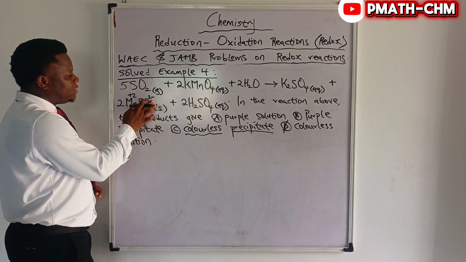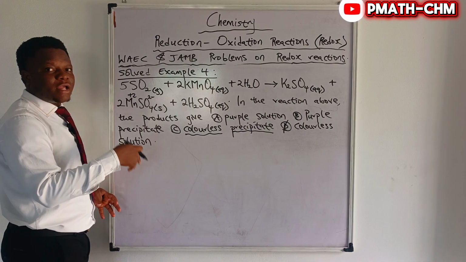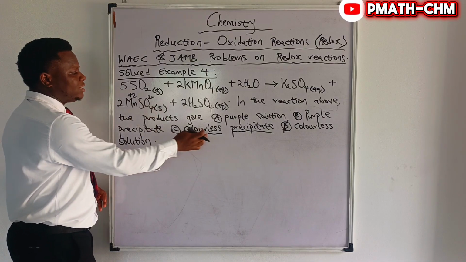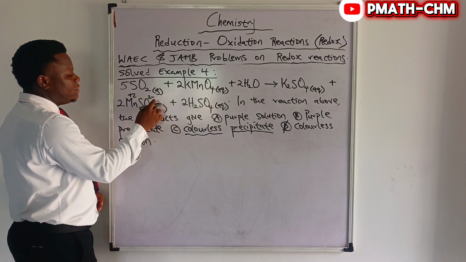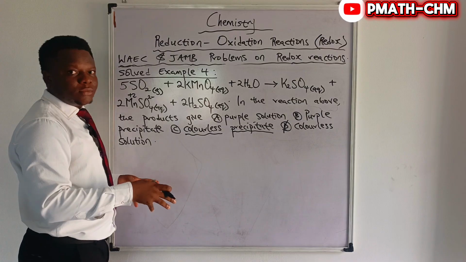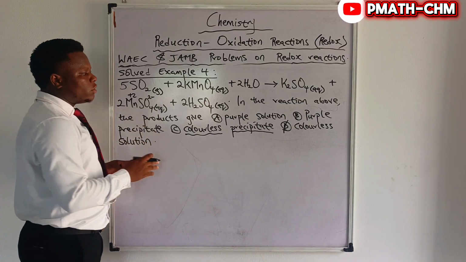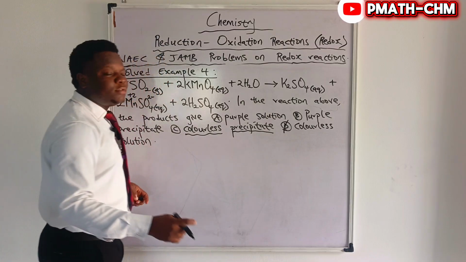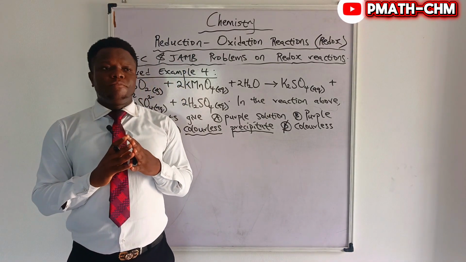It means that this solid is insoluble in the aqueous medium where the reaction is occurring. Hence, we call it a precipitate. But since we don't have a solid in this case, this compound is written as aqueous, so it means it's actually dissolved. So it will give us a clear, colorless solution. So the correct answer for this question would be option D. Now, I'm going to end the video here.